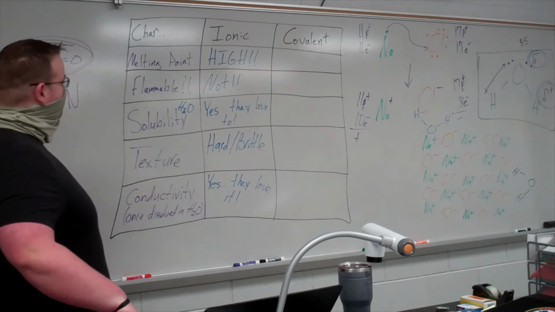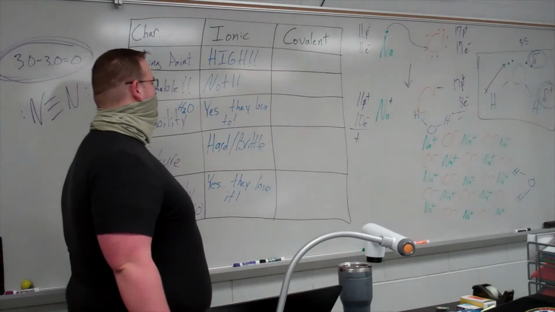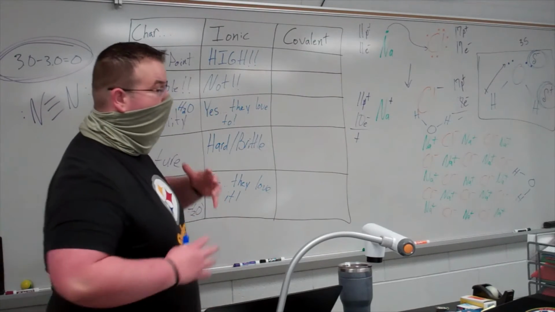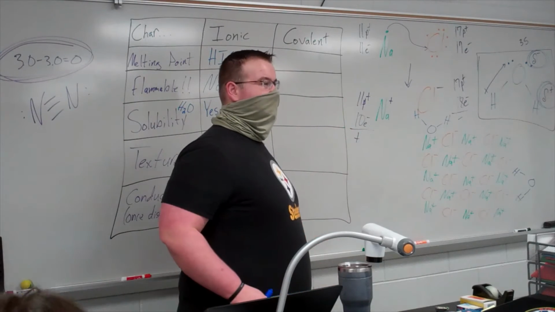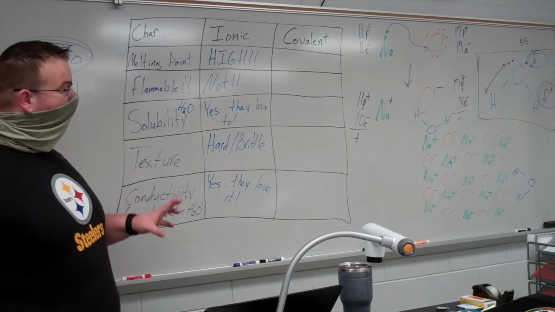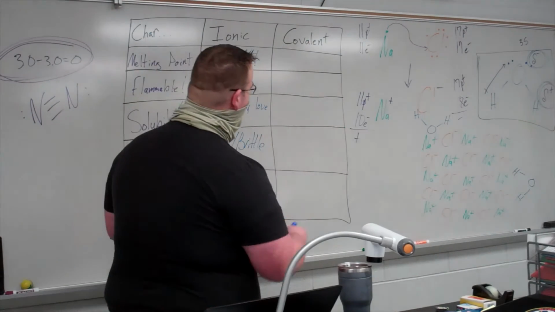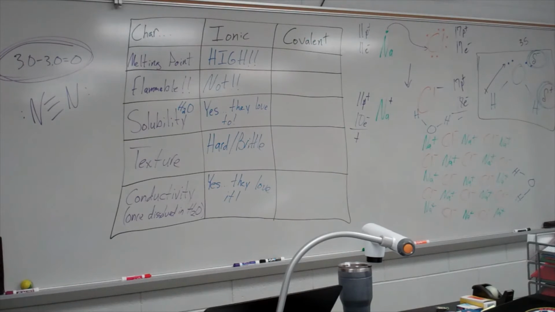It's gonna take some work. Solubility. Ionic bonds love to dissolve in water. Why? Opposites attract. You have water, which is a polar molecule. The polar molecule is attracted to the ions, the cations and the anions within the ionic compound.